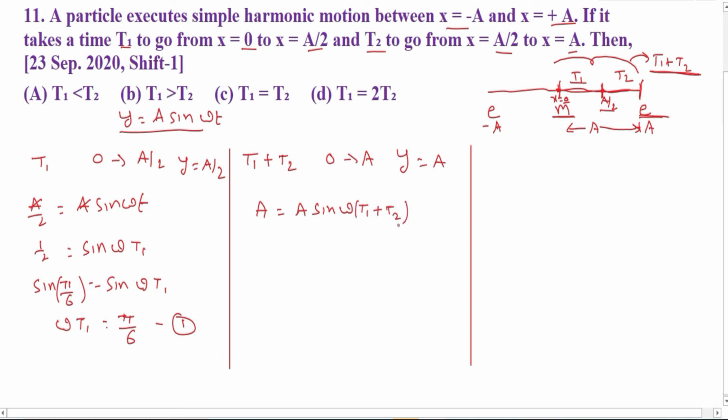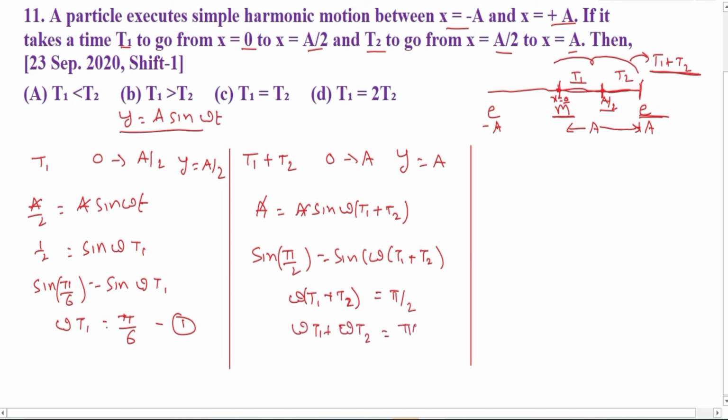This will get cancelled, that is sine 90, and sine 90 is 1. That is sine pi by 2 is equal to sine of omega of t1 plus t2. That means omega of t1 plus t2 will be equal to pi by 2, that is omega t1 plus omega t2 will be equal to pi by 2. This is equation 2.